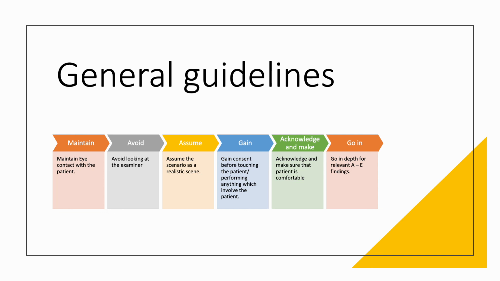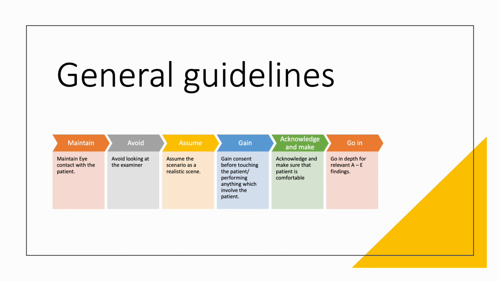That is very important. When you are doing the APIE assessment, if you find anything abnormal or relevant to the condition, go deeper. In your assessment booklet, you will take one or two minutes to read the presenting complaints. For example, if the patient has diabetes, you will go more in depth into the blood glucose level in disability.